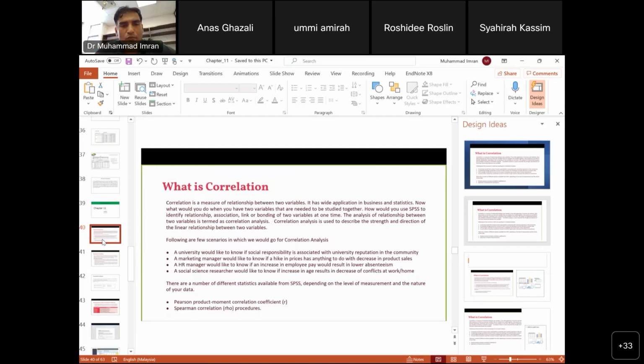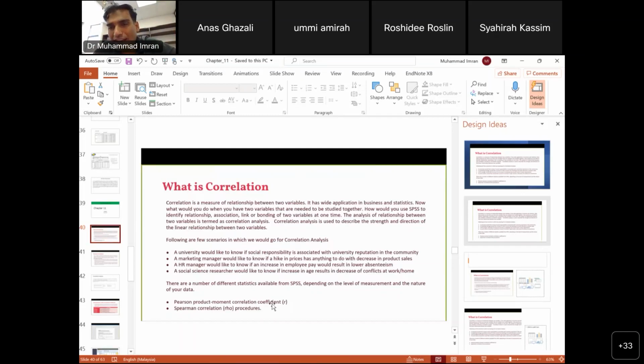Okay, there are the Pearson product moment correlation coefficient, also denoted as r, and the Spearman correlation, rho, procedures. Basically, the first one, the product moment correlation coefficient r, is for normally distributed data.